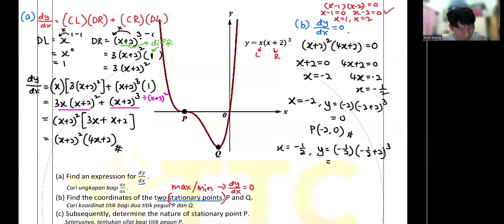Okay, -1/2 times -1/2 plus 2 and then to the power of 3. Yeah, I didn't press wrong, right? -27/16.